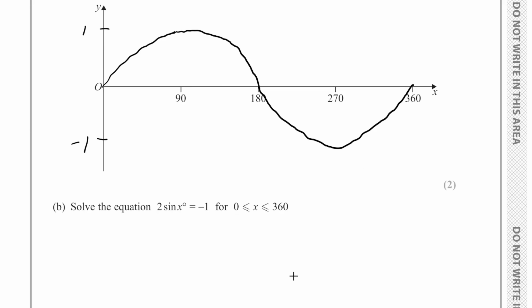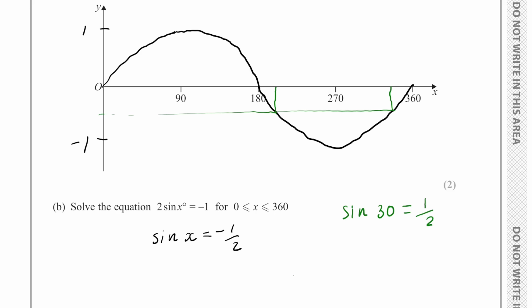Solve the equation. 2 sine x equals -1. So if I half both sides, it's where sine x is minus a half. So sine x is minus a half, roughly here and here. And so we need to know that sine 30 is equal to a half.